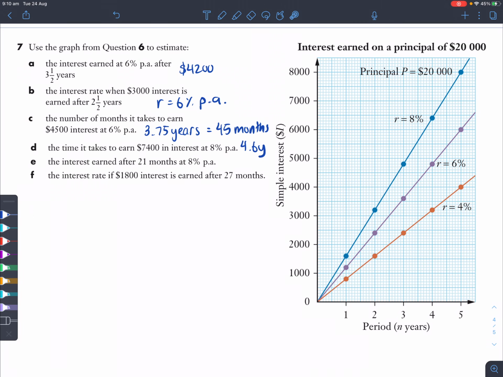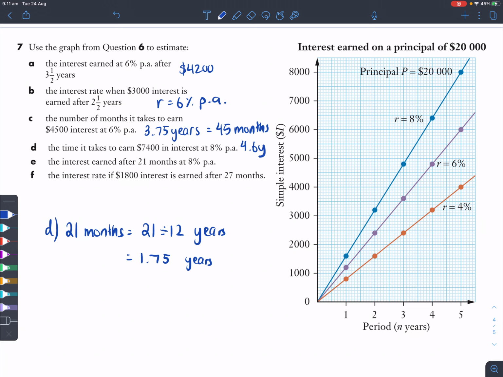This doesn't actually show the number of months, so we've got to convert this to years first. If I divide 21 months by 12, it gives you the number of years, which is 1.75 years.